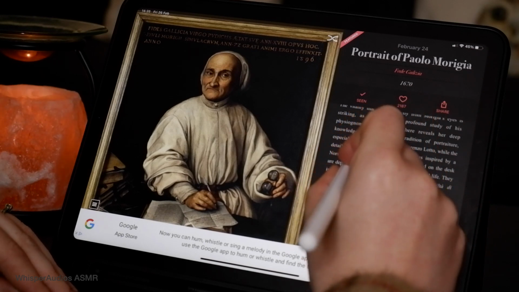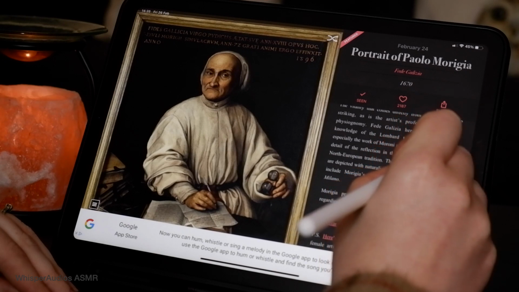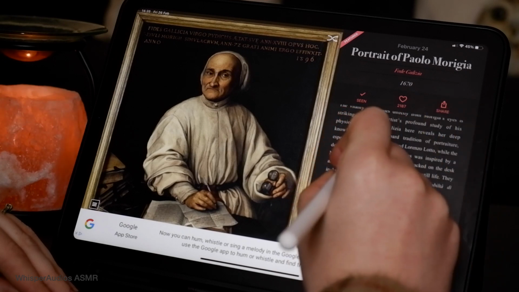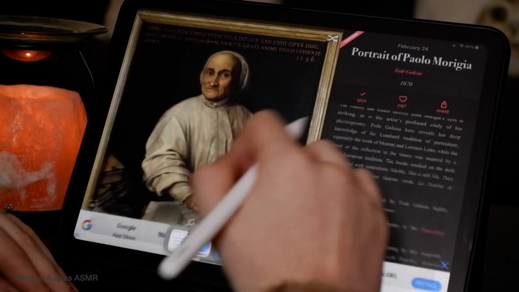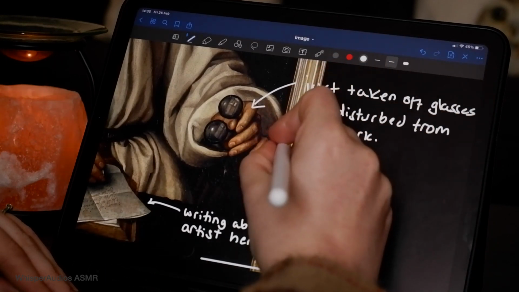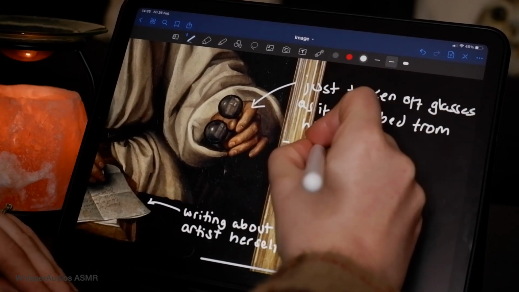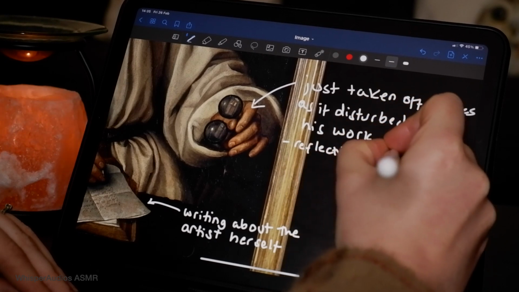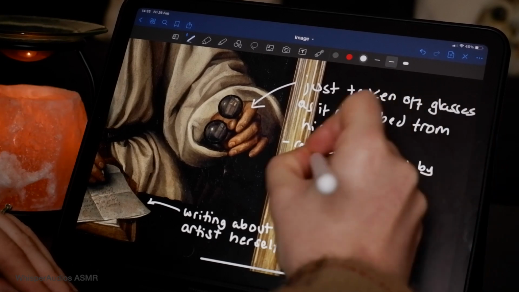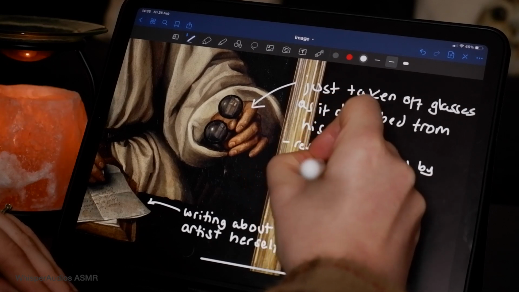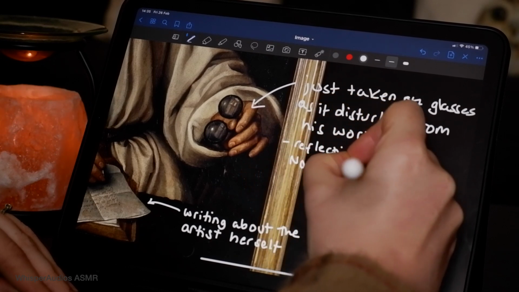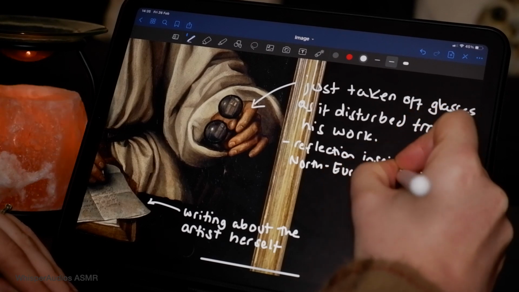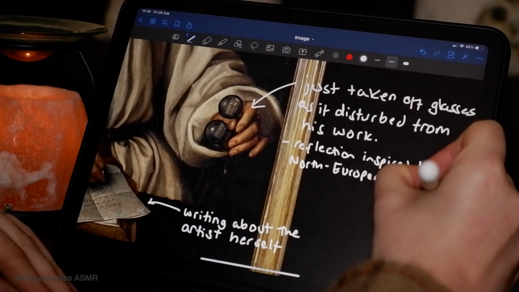And the detail of the reflection in the lenses was inspired by a North European tradition. So, reflection inspired by North European tradition.